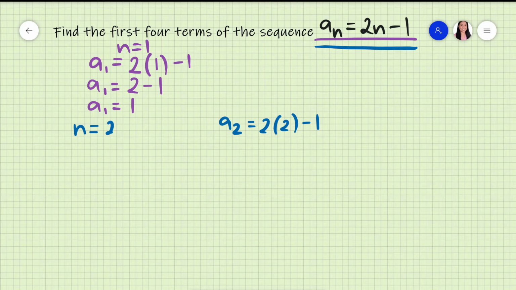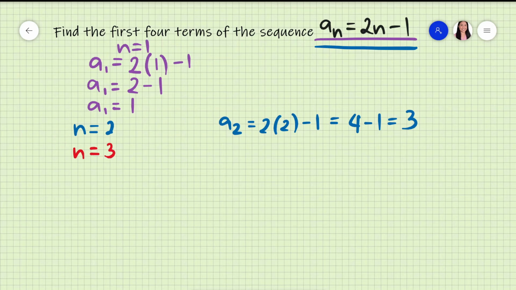Perform the operations. 2 times 2 is equal to 4, then copy minus 1. Simplify the given equation. 4 minus 1 is equal to 3. Now, the value of the second term is 3. To find the third term, let n be equal to 3.